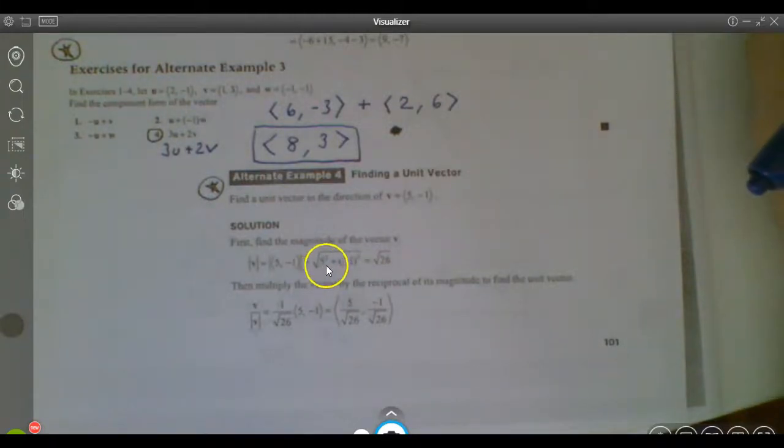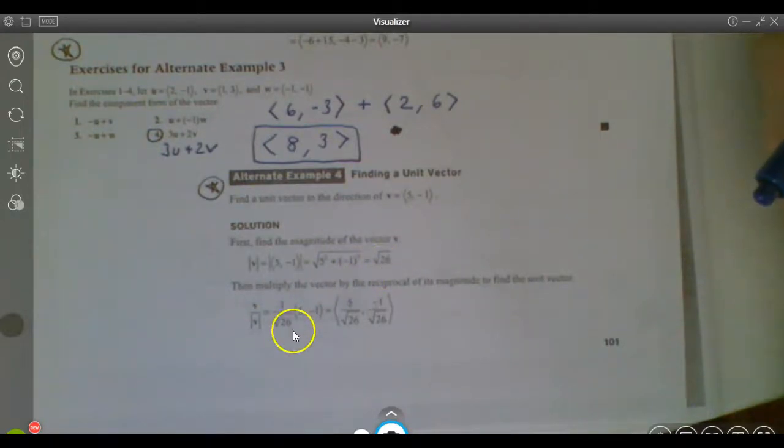Underneath this square root, I'm just looking at my horizontal component squared plus my y component squared. And then all that's under a radical, just like distance formula. This is how far I'm going to the right. This is how far I'm going up or down. And we're just plugging those in and getting our magnitude. So it comes out to be the square root of 26.